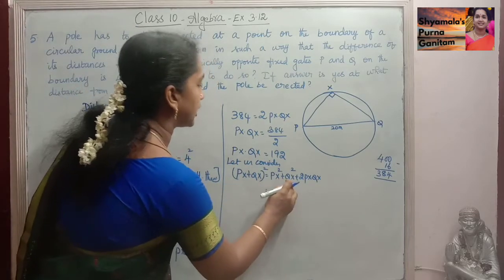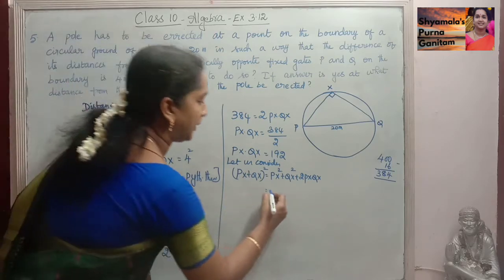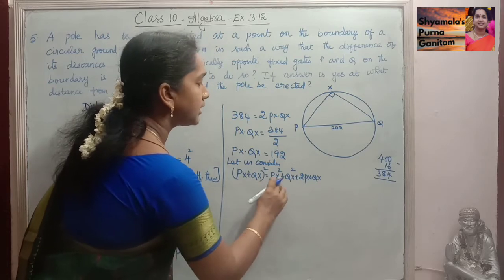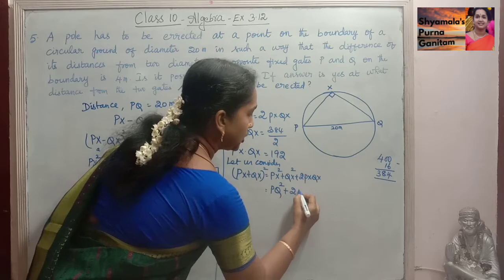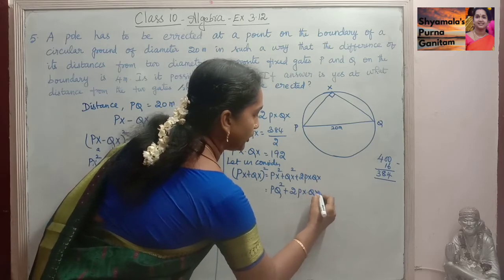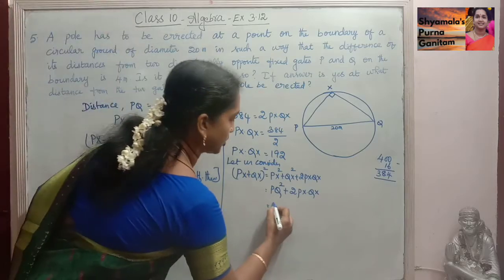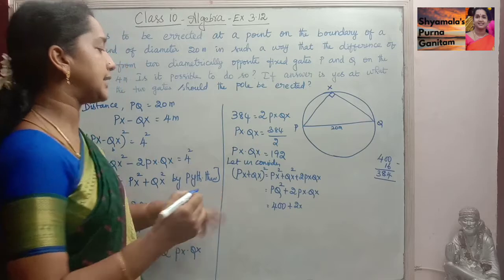So px and qx, already we told that px squared plus qx squared is equal to pq squared. So this is equal to pq squared, which is 20 squared, that is 400, plus 2 into px into qx.